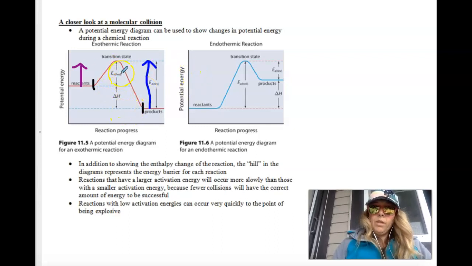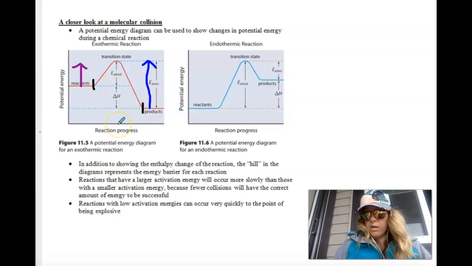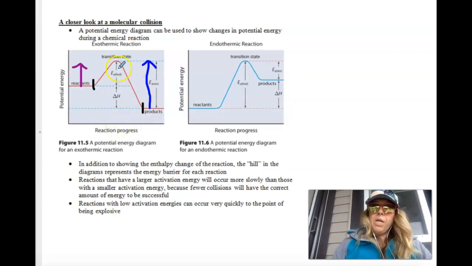But look here, if I know the activation energy of the forward and I know what delta H is, I should be able to figure out what the activation energy of the reverse is, because these two added together are the same as this one. Obviously, I wouldn't be using the signs, but we could figure out what it is. The same thing is true over here.